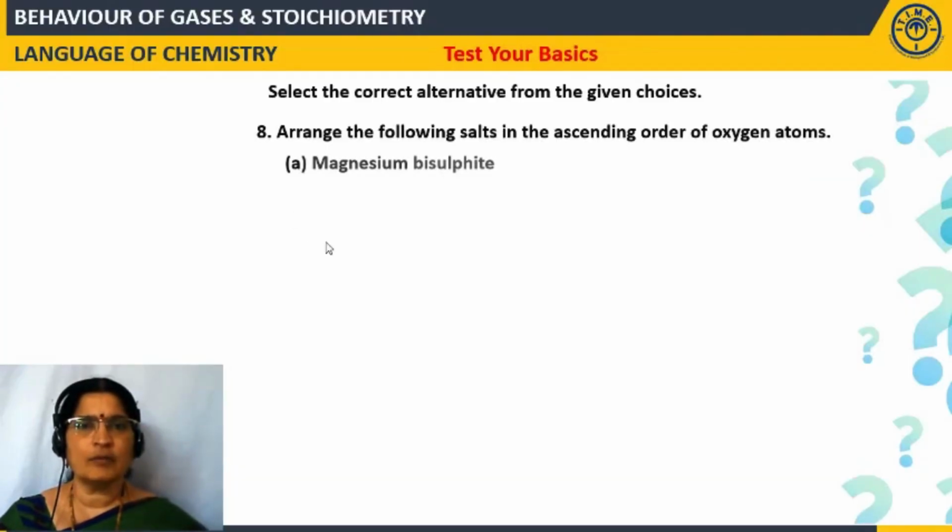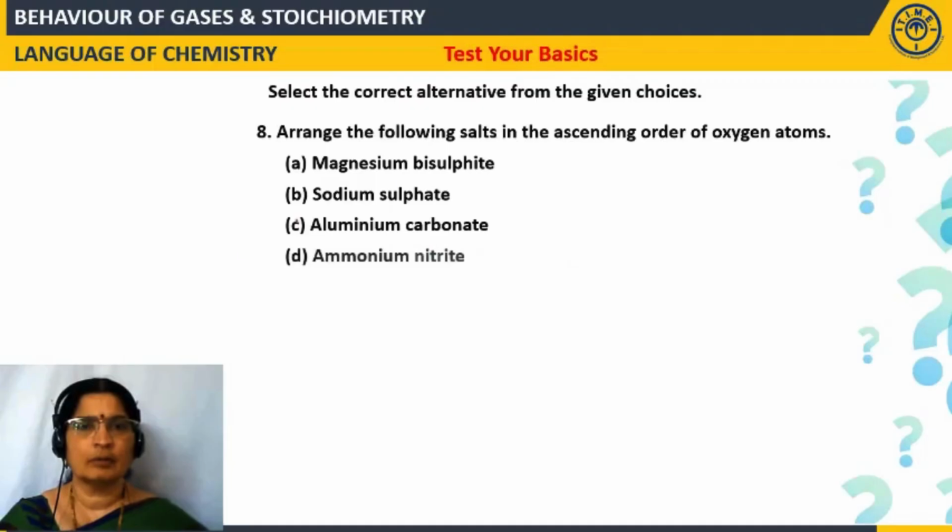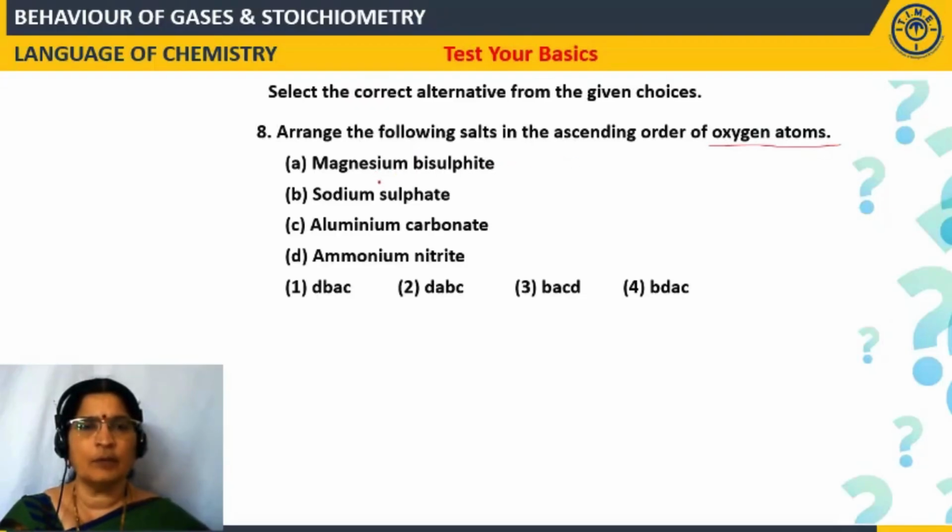Arrange the following salts in the ascending order of oxygen atoms. So if you have to know the number of oxygen atoms, we need to know the formulae. So let us write the formulae of these salts. Magnesium bisulfite. So how do we write the formula? Magnesium is Mg plus 2.